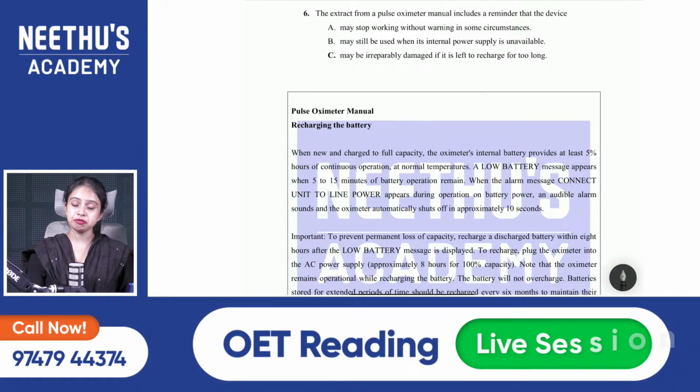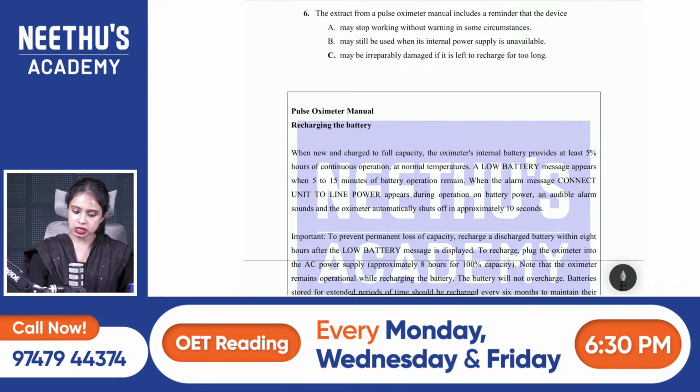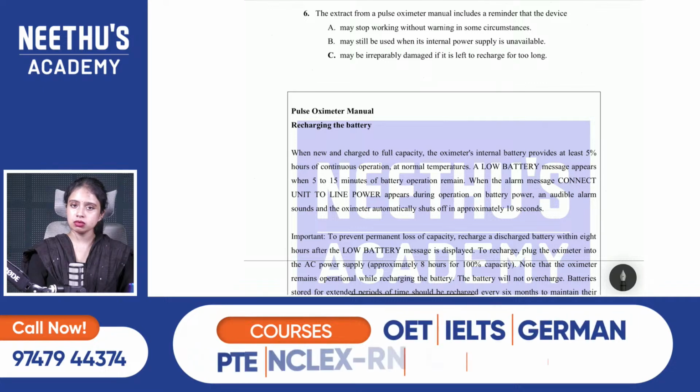Alright, so into the final question from part B of OET reading. The extract from a pulse oximeter manual includes a reminder that the device.